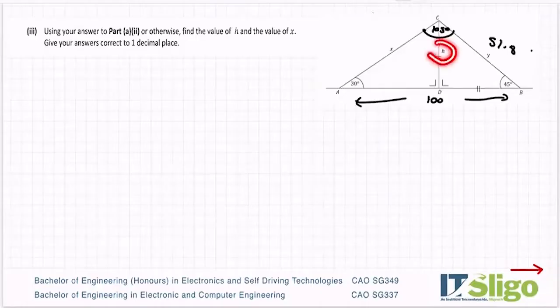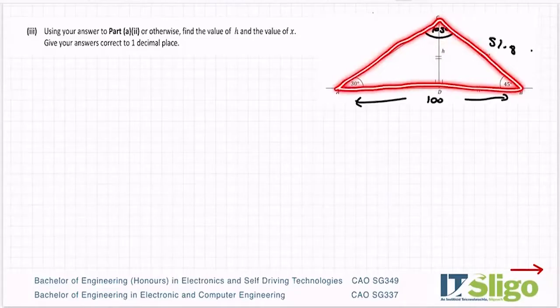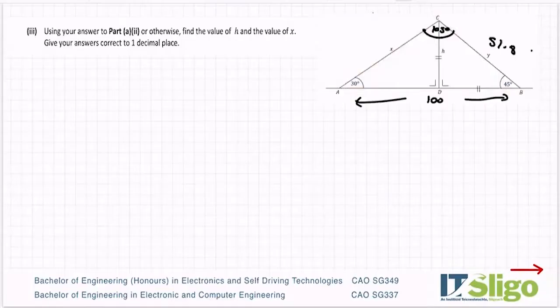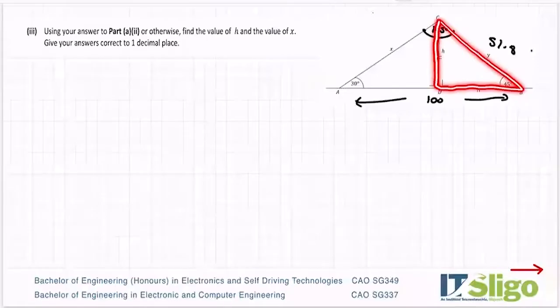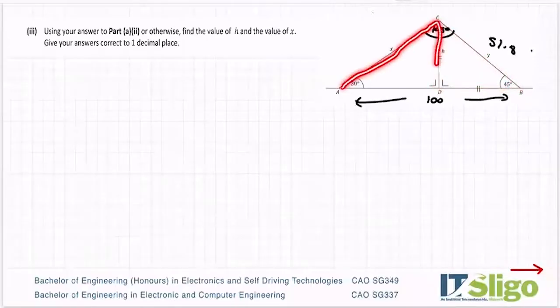Okay, so the value of h, well, to find the value of h, I can't use triangle ABC, okay? Because can you see that's not a line or a side in triangle ABC. So I don't get to use that big triangle for h. So I have to use either this right angle triangle, because that has h in it, or of course, I could use this one.